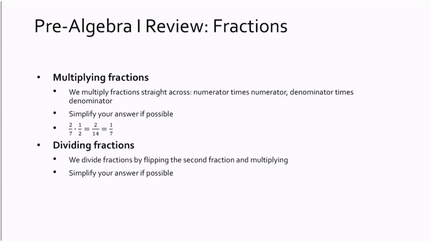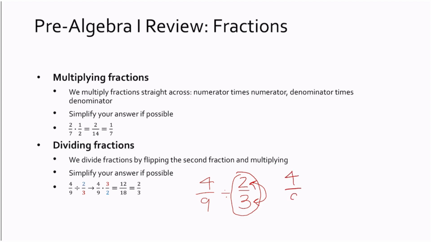Now when I divide fractions, I do this thing called the reciprocal. I flip the second fraction and then multiply and then simplify my answer if possible. So if I have 4/9 divided by 2/3, I'm taking this second fraction here and I'm going to flip these two numbers and multiply instead.